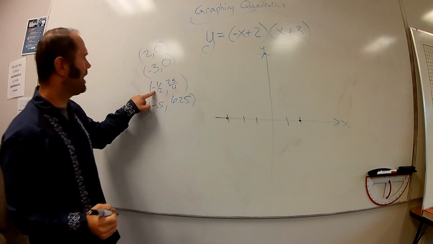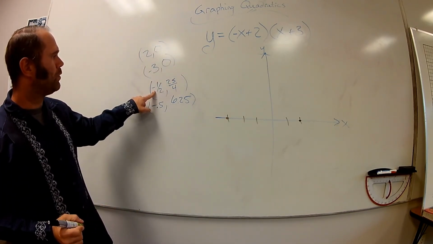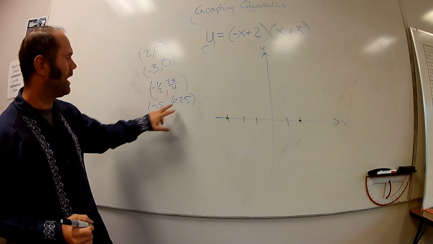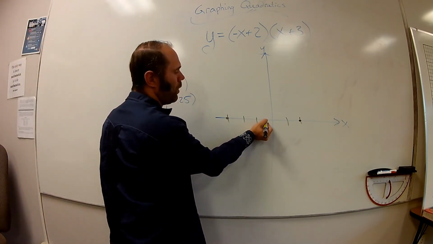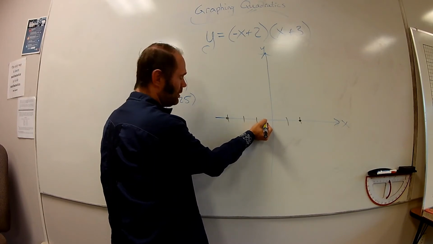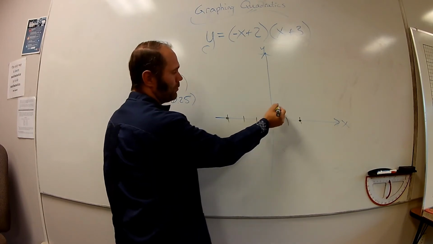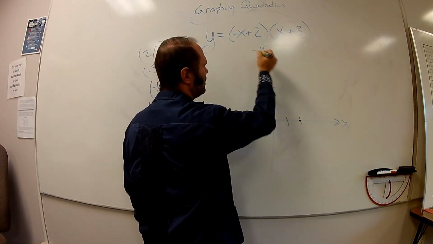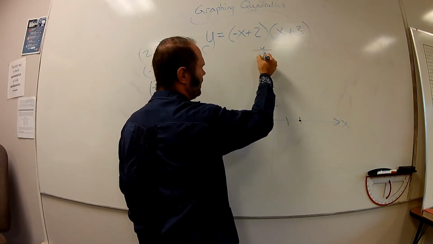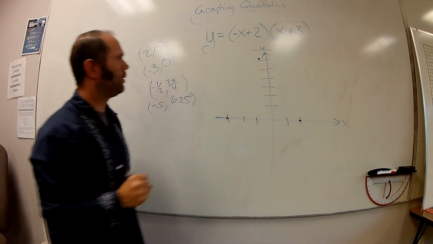And then we've got negative 1/2, 25/4, or negative 1/2, 6.25. So we're going over 1/2 to the left, and then we are going up 6.25. So there's 7, so 6.25 is somewhere in there.